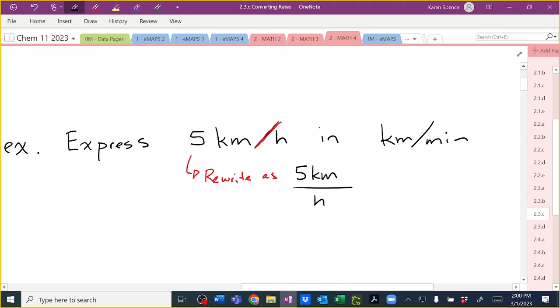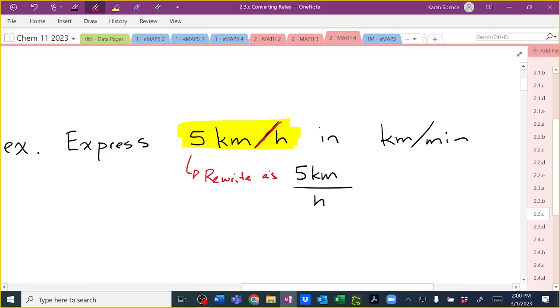Because doing unit conversion requires you to know what's on the top and what's on the bottom. And if you leave it like this, 5 kilometers per hour, it looks like everything's on the top even though it is not, right? The hours are on the bottom, but it looks like they're on the top, and that can lead to mistakes. It also makes it hard to read your work. So we're going to rewrite that one.